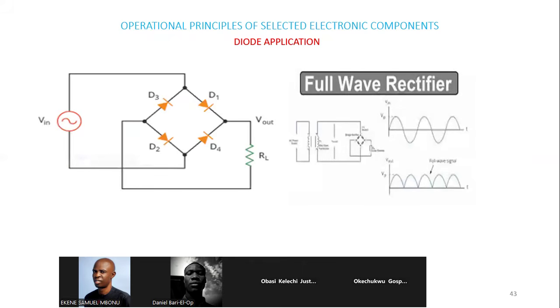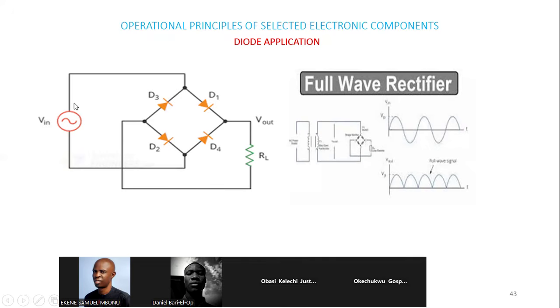Application of diode. Having known that a diode conducts in one direction, consider a typical bridge rectifier circuit with an AC source. Just assume that here is plus and here is negative, the positive cycle.